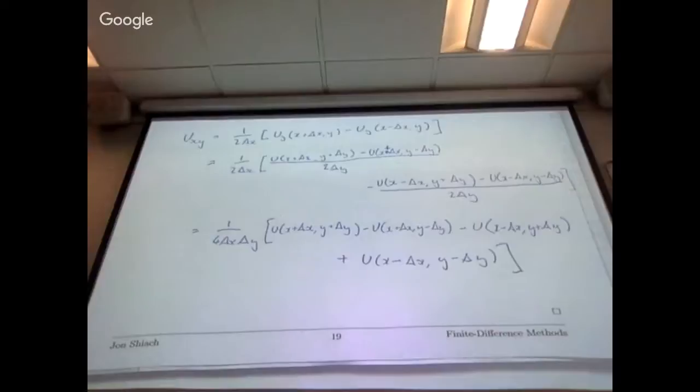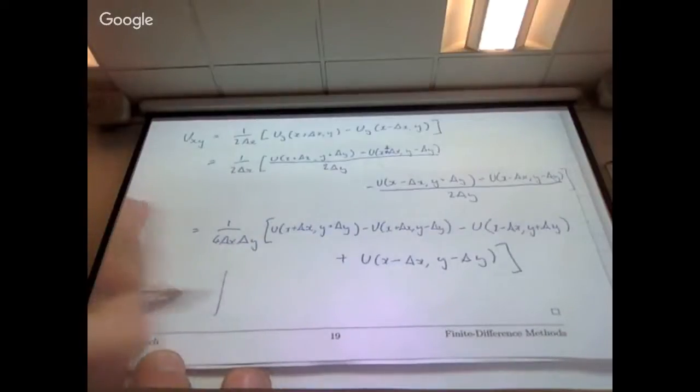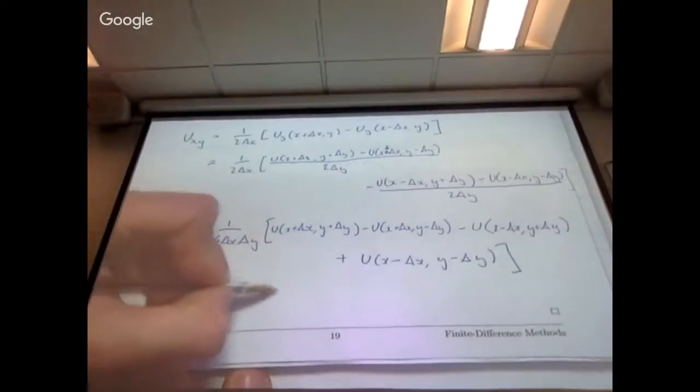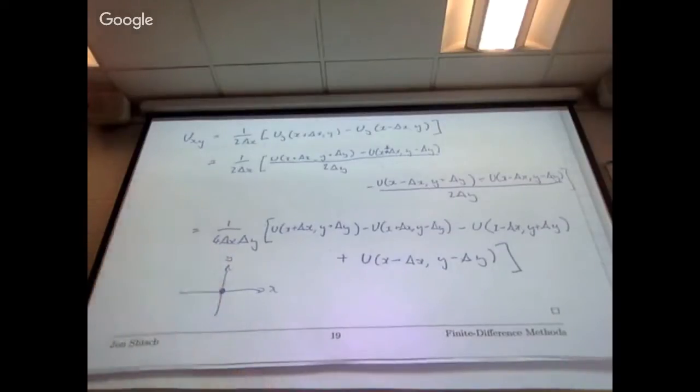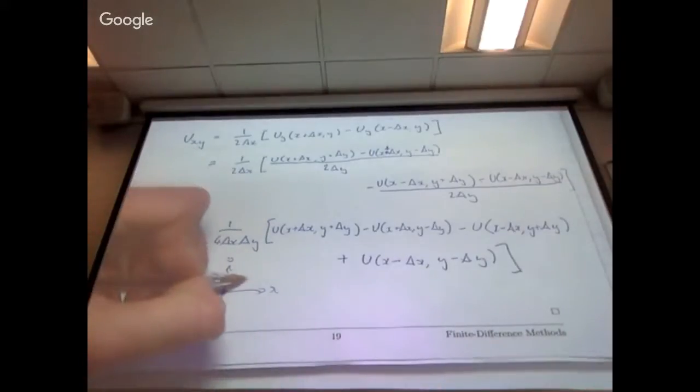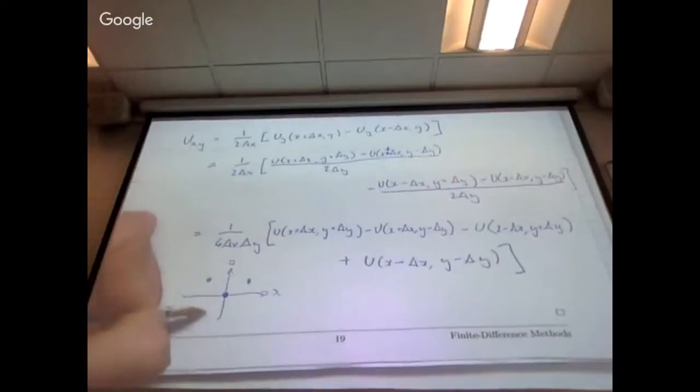Not this week, but next week, we'll be looking at what we call stencils. If you were to have a look at what's happening here, and let's say that's in x, and that's in y, that's the point I'm trying to find this mixed derivative at. I go to these points here.